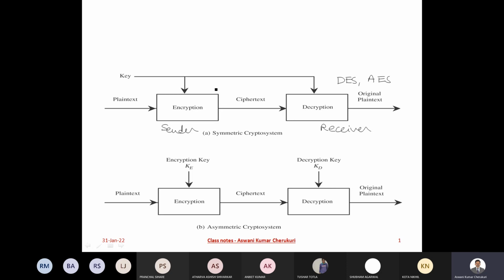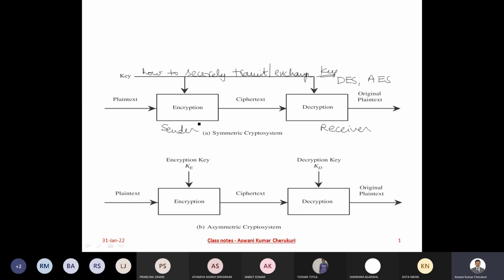Okay, so the major onus or responsibility is how to securely transmit or exchange the key. This is the major challenge in the symmetric crypto systems.